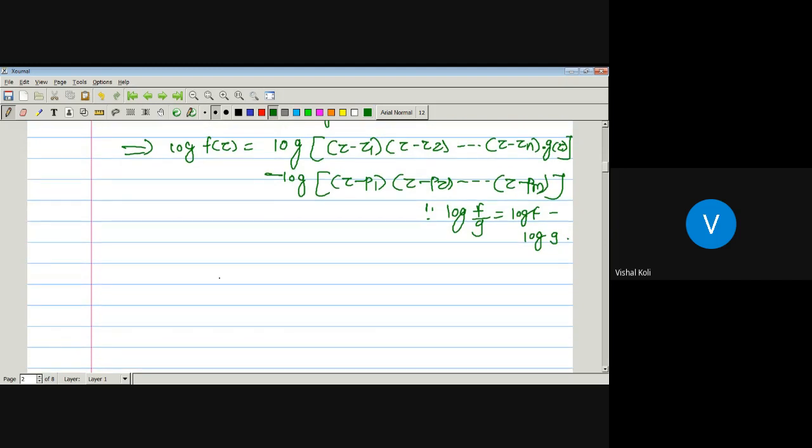Okay, so which is equal to, again there is one property, log of a times b is nothing but log of a plus log of b.